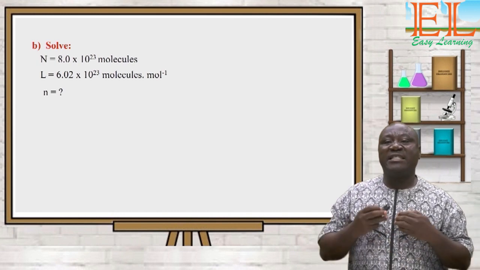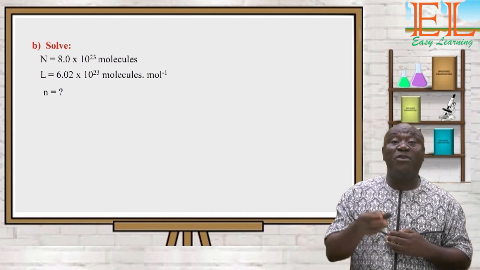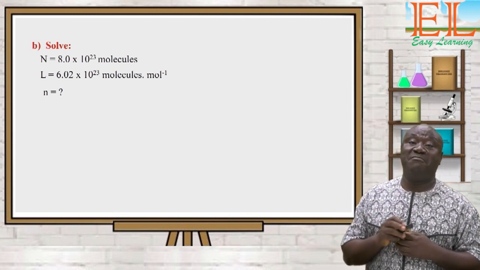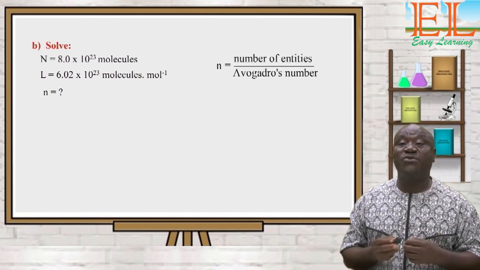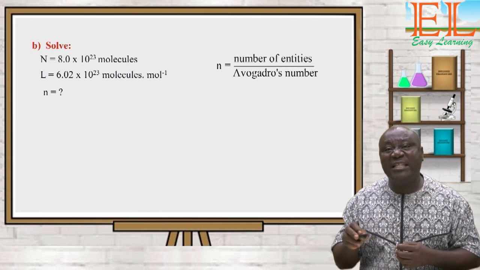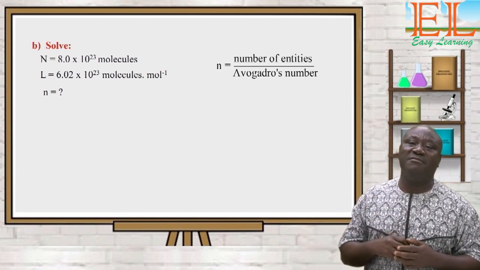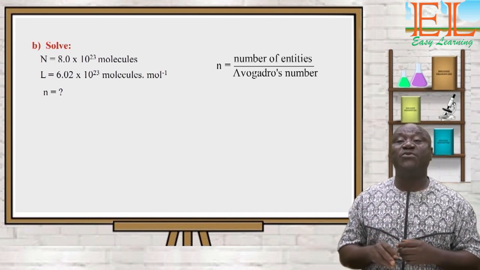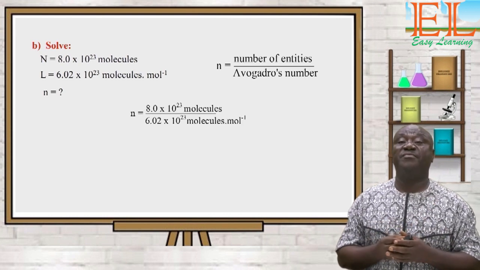So the next step is to state the formula that will enable us to solve the problem. So by definition, n is equal to the number of entities divided by Avogadro's number. So if you substitute the values, we'll get the expression you see on your screen.